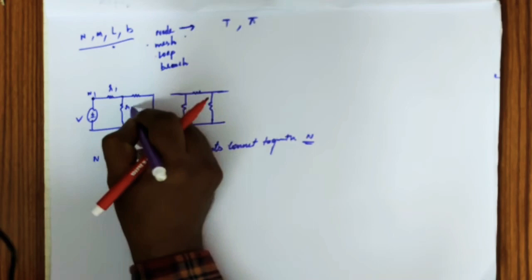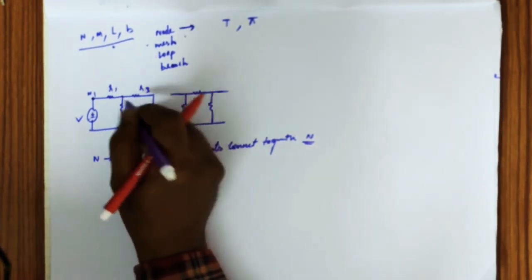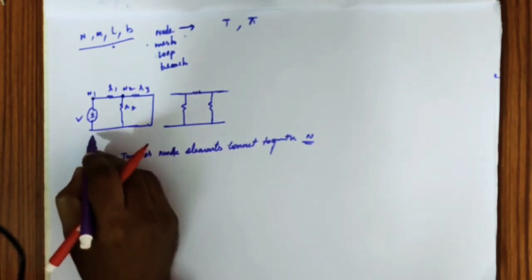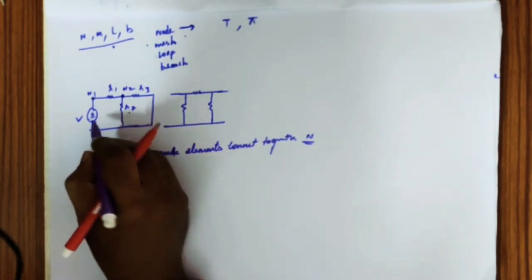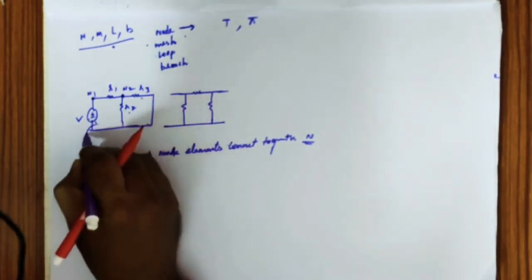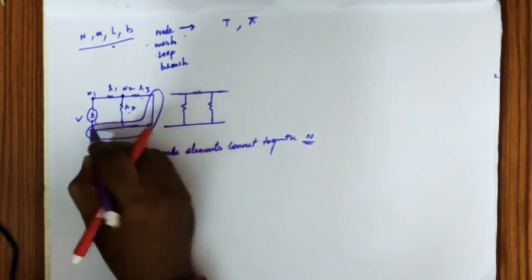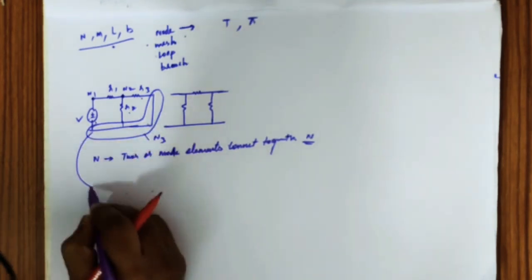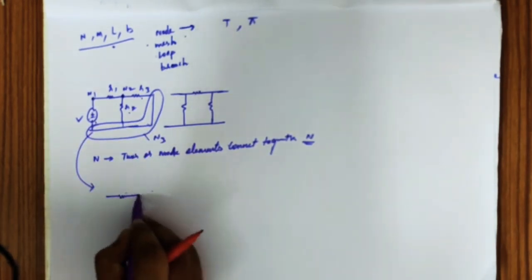R1, R2, R3, the elements are connected at this point, that is N2. And again, if you observe carefully, this resistor source and this R3 are connected by this line, so this is N3. This circuit can be redrawn like this also.